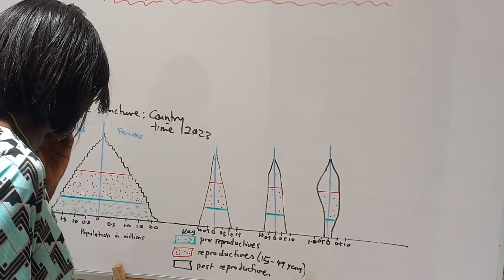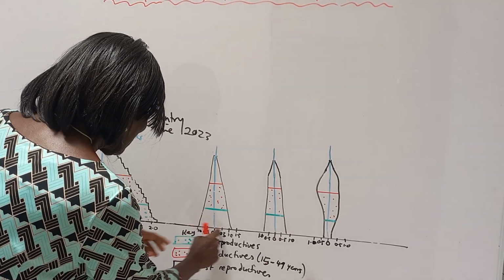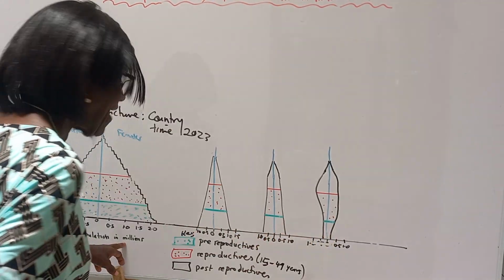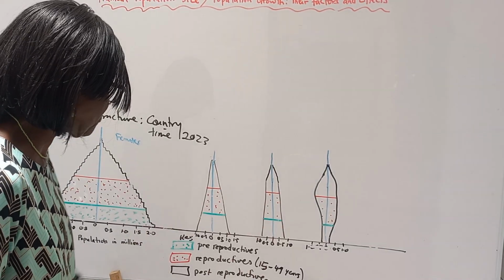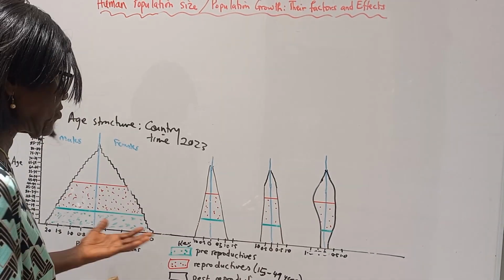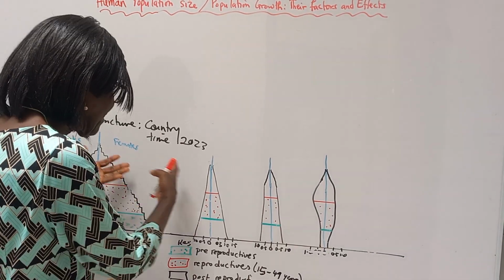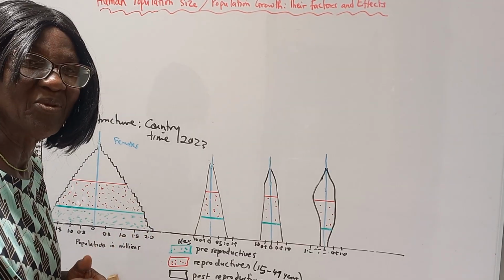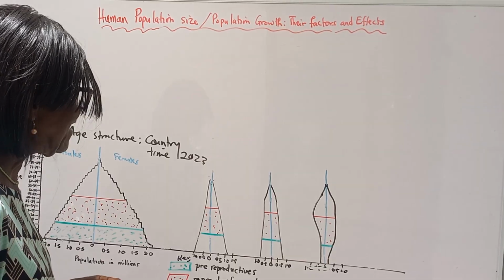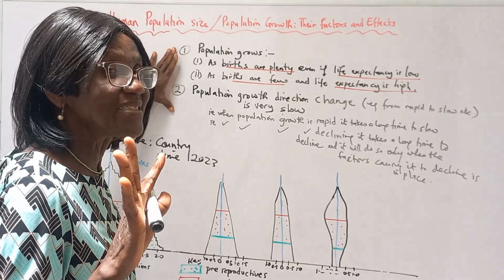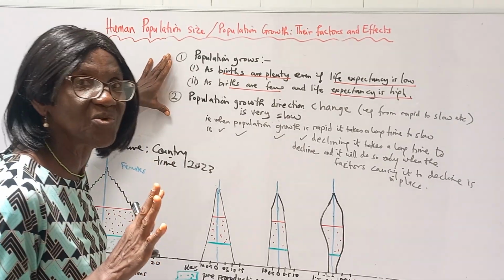So you are looking at the size of the population, looking at the numbers on the x-axis. So this is how we compare the populations of various countries. And as we said, we can use it to predict the population, whether the population in future will be growing fast or slow. But then there are important facts to note about population growth.